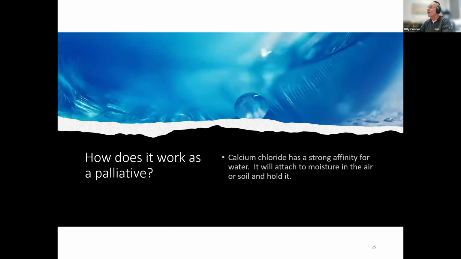The way it works, it has a strong affinity for water. And so it will actually take water out of the air, provided that the humidity is above about 34%. If it's below that, it doesn't do so well. I certainly would not use it in Arizona or anywhere in the Southwest because of the dryness. But up here, it does work pretty well.